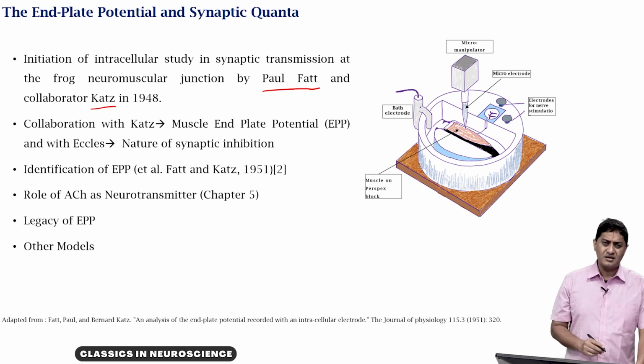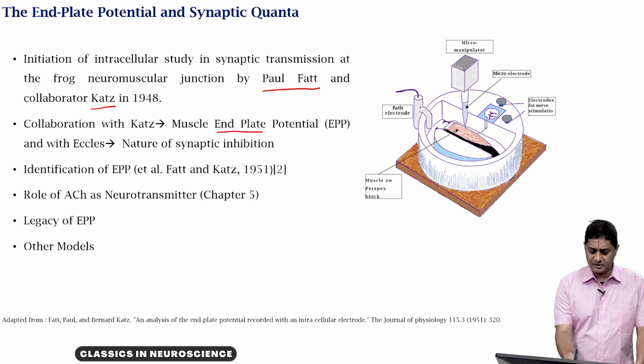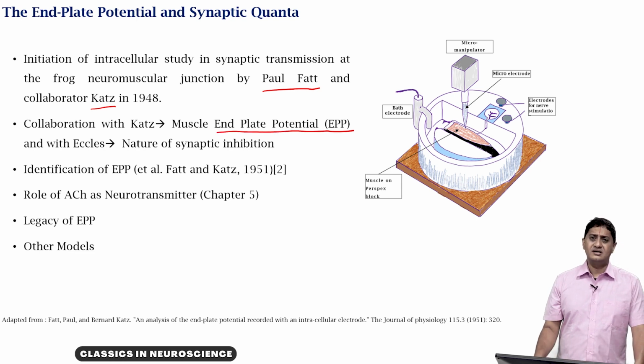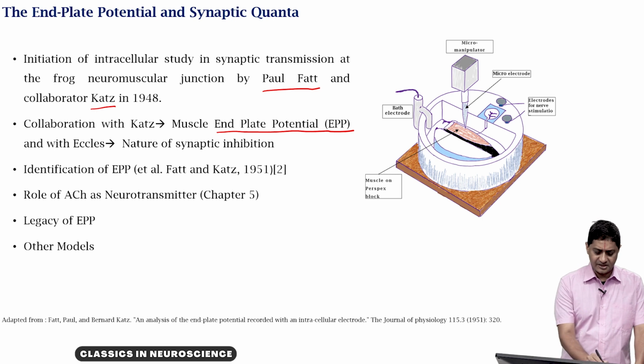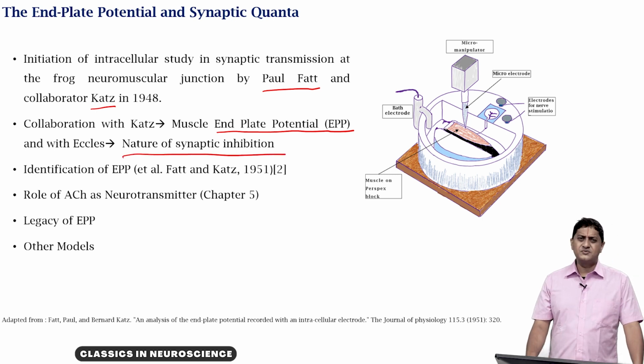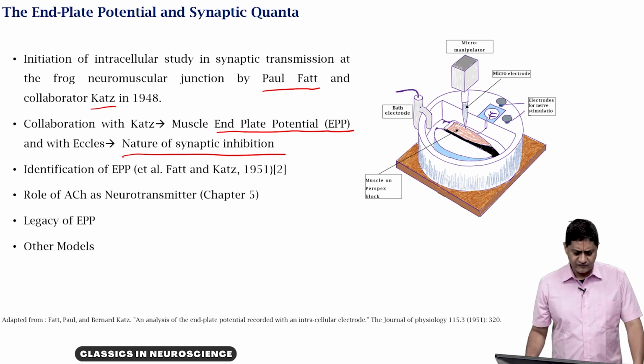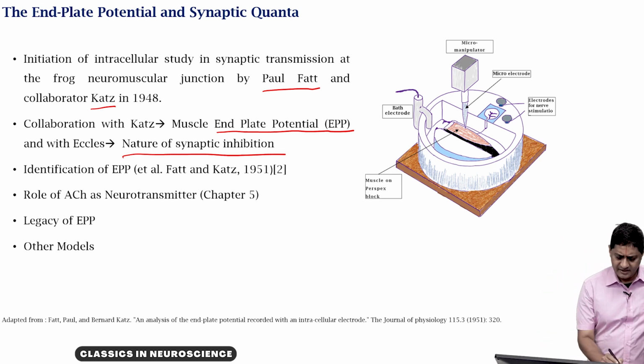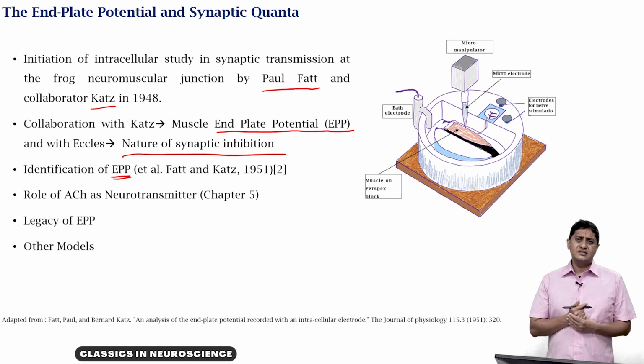First, for his collaboration with Katz to describe the end plate potential in a muscle, and his collaboration with Eccles to describe the nature of synaptic inhibition, which happened later.